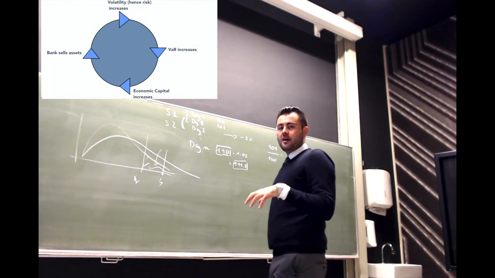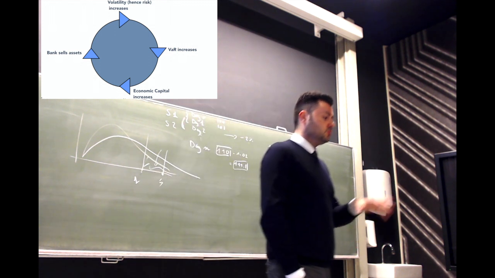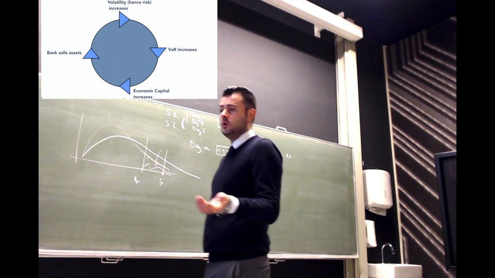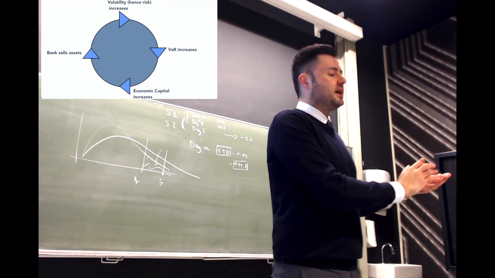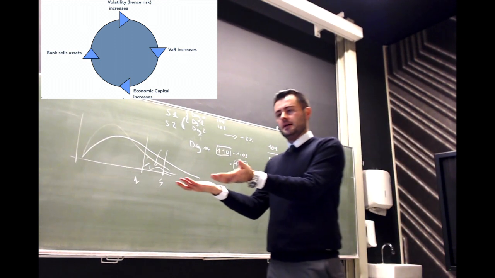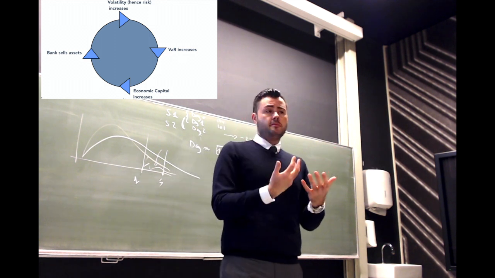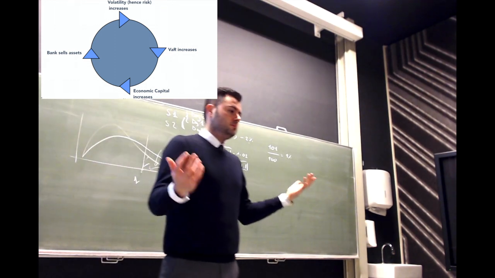If you don't have enough funds to cover for those new capital requirements, what do you have to do? You have to liquidate some of your assets. So you take some of your assets, you go on the market, you sell them. Now, if we are the only bank doing that in the Netherlands or in Europe, who cares?